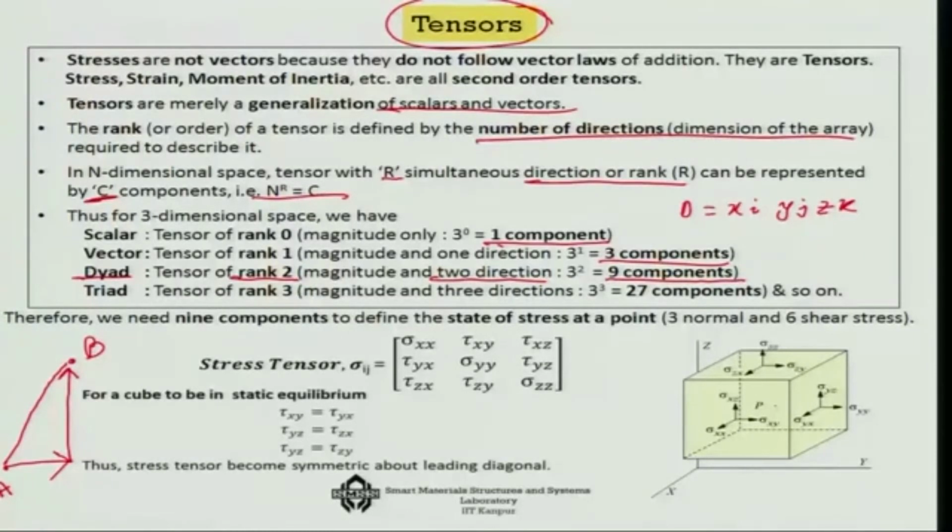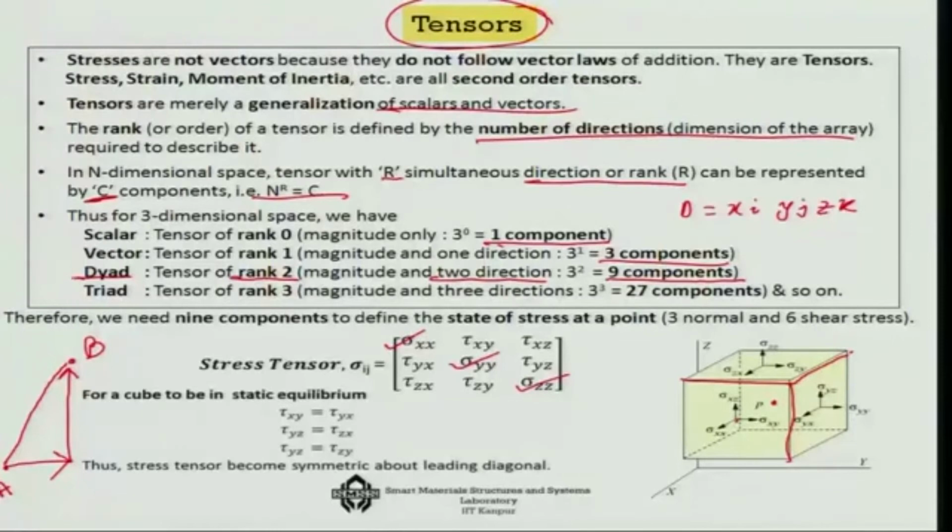Now, you have a much better definition of stress. Suppose you consider a point and a cube all around this point, that is what we are showing here. On that cube you have various surfaces, and you actually need 3 normal components and 6 shear components: sigma xx, sigma yy, sigma zz, the 3 normal components, and 6 shear components.